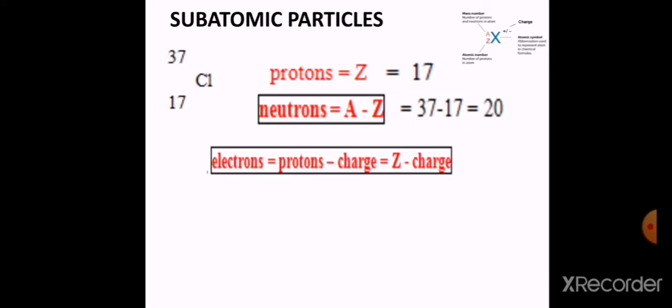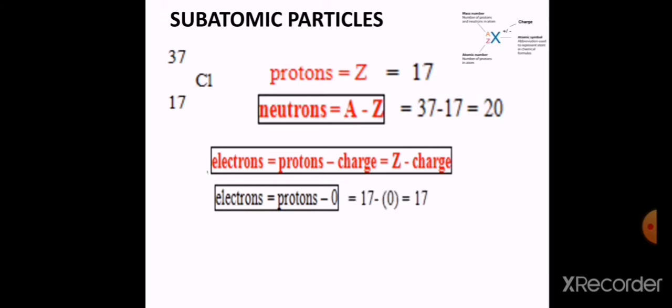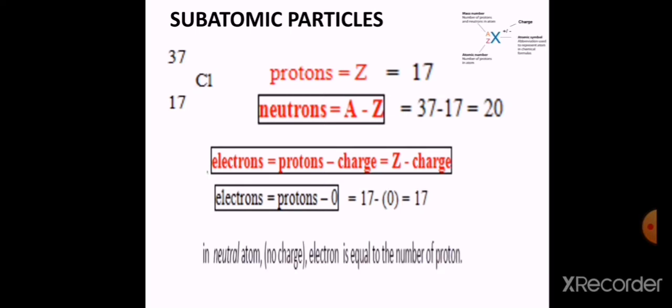And electrons, protons minus the charge, but the charge is 0. So pwede natin compute na electrons is equal to protons because ang ima-minus lang naman natin ay 0. So that would be 17 minus 0, or 17. So anong relationship ng protons and neutrons sa ganitong example? Okay?